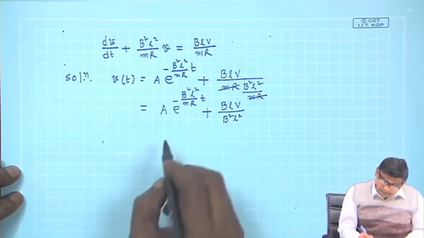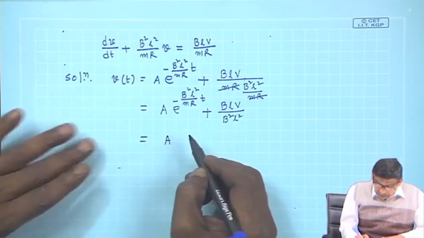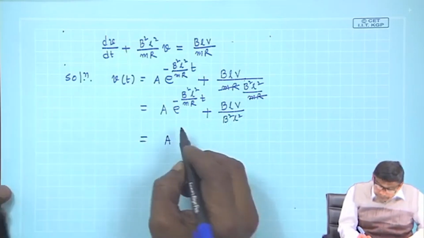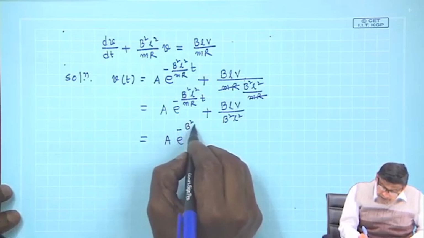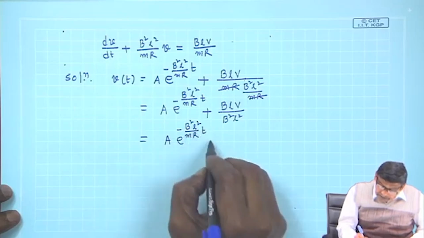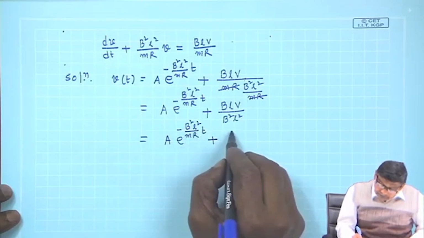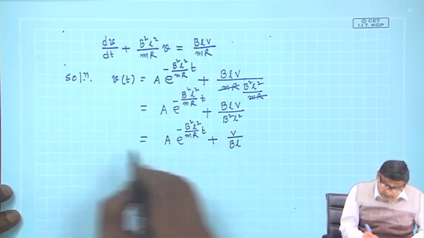So, I could cancel that out. So, this will be equal to a into e to the power minus b square L square by m r into t plus V by b L. This is the thing.